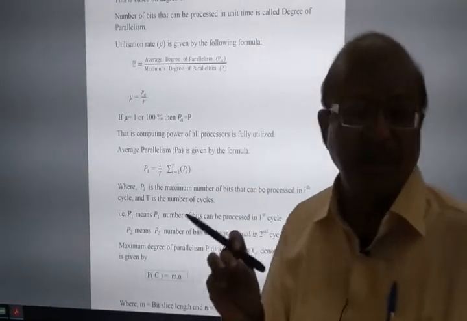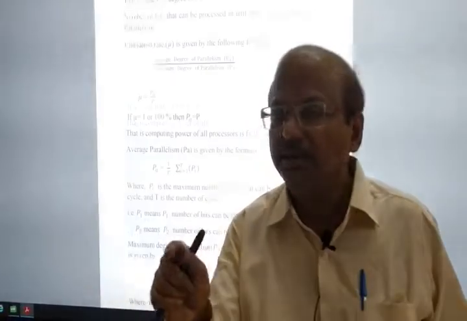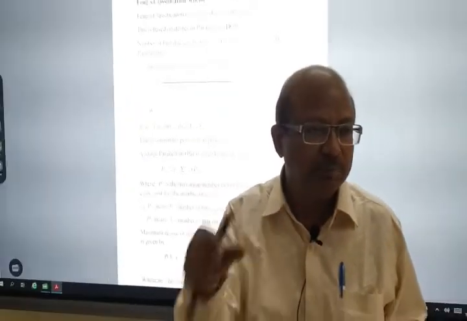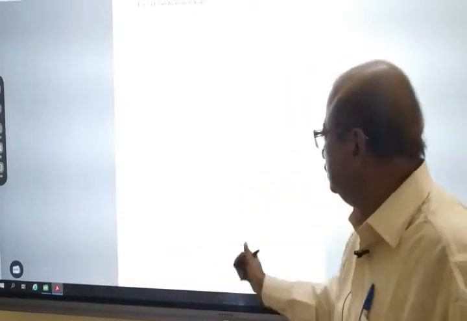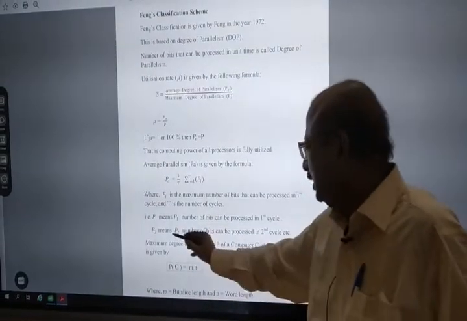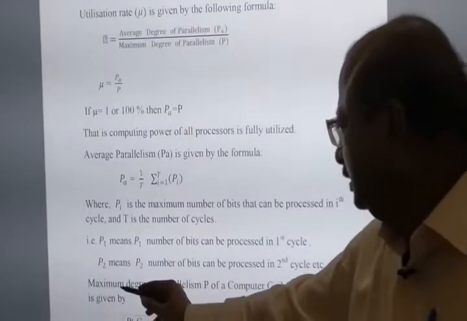For example, P1 means P1 number of bits can be processed in the first clock cycle. P2 means P2 number of bits can be processed in the second clock cycle, etc.